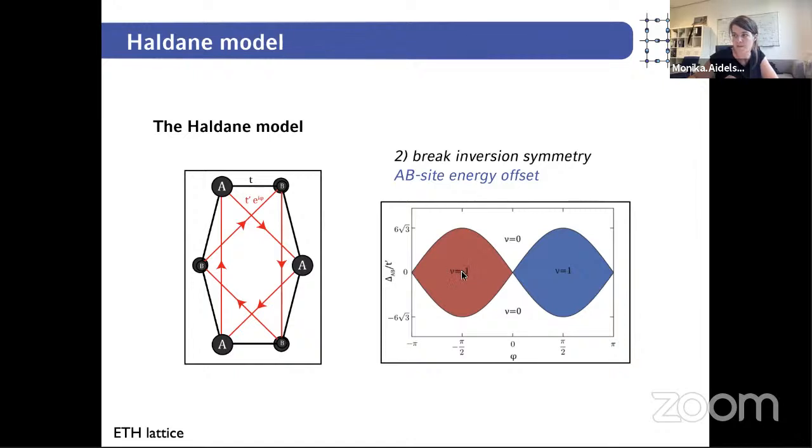So for the lowest band in the right region, the red region, you have a Chern number equal to -1, and in the blue region, a Chern number equal to +1. And the first excited band then has the opposite sign. Okay, so using the circular shaking and the sublattice energy offset between A and B sites, we can explore the different regions of this Haldane phase diagram.